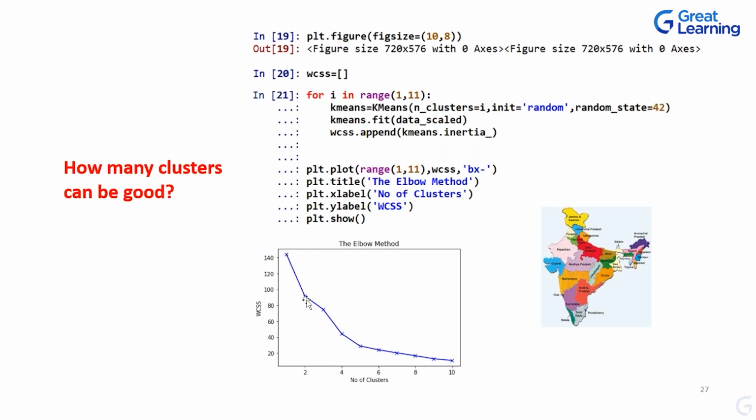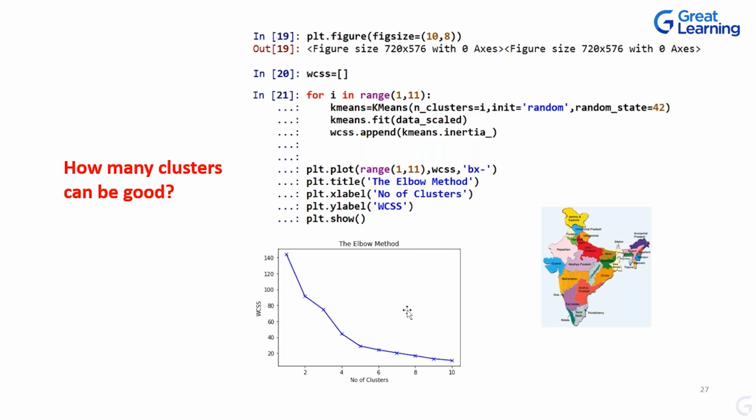The moment second cluster formed, it reached somewhere here. Then third cluster, this WCSS reached here, and likewise. When we look at this plot, we need to see where elbow is forming, elbow, or the turning point. So the turning point is somewhere here.